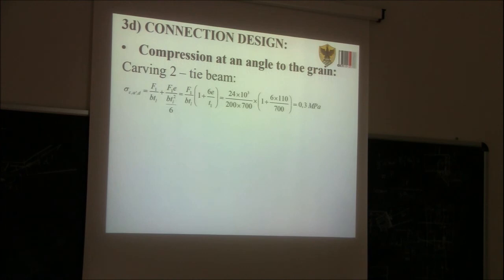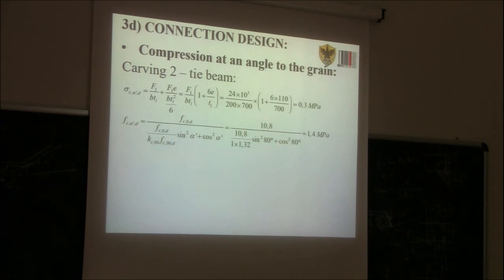So, for the tie beam, we need to use the formula that we said before. So F1 divided by BTL plus F1 times Z divided by, so this is BTL squared divided by 6. So if we replace here the numbers, we get 0.3 megapascal, which is a very low value here. The strength, Fc alpha prime D, by replacing the value, which is 80 degrees.